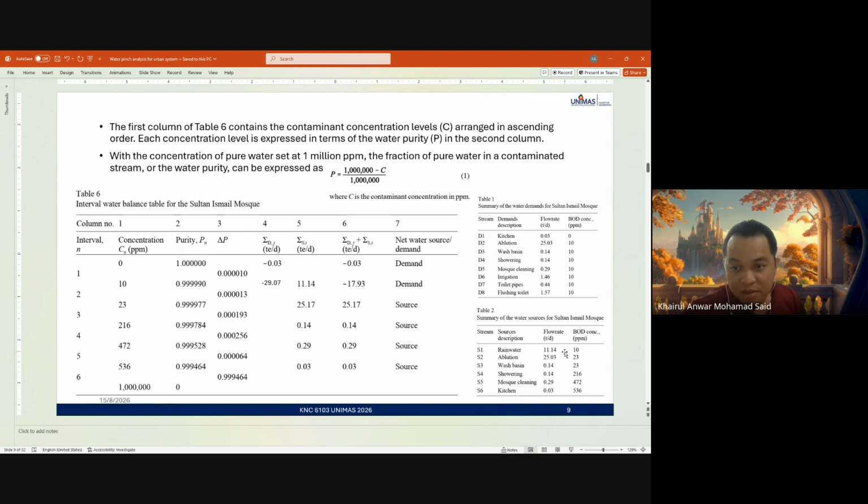Yes, we have a value for the flow rate at 10 ppm. The rest is zero. And do this D plus S, demand plus source. Then we identify the net water source for demand, negative for demand, positive for source.